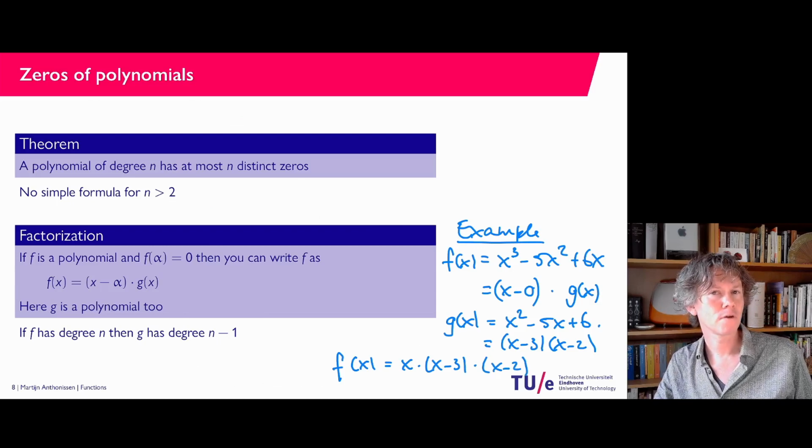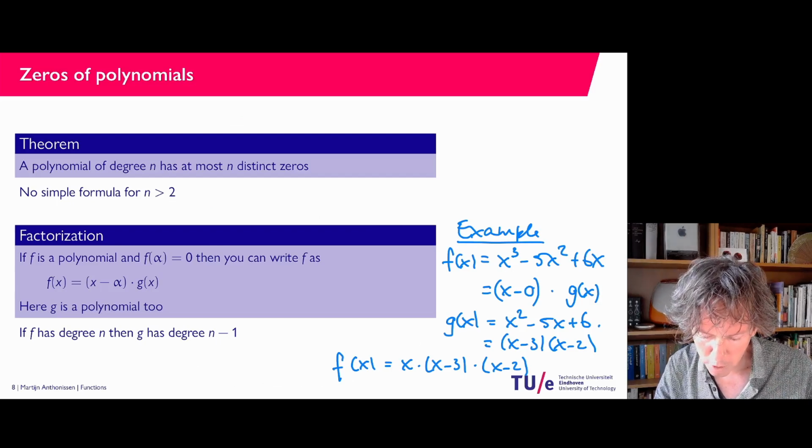And the nice thing about this way of writing it, it's called a factorization, is that you can immediately tell for which x values the function is going to be 0. So x is 0, x equals 3, and x equals 2.